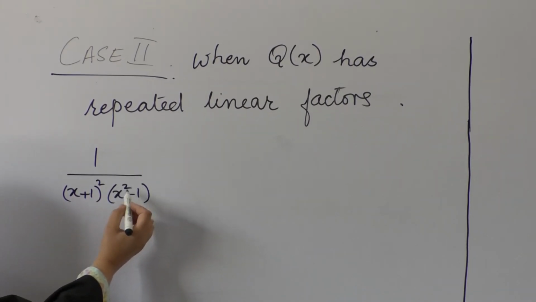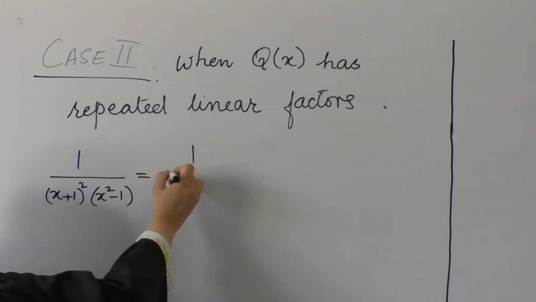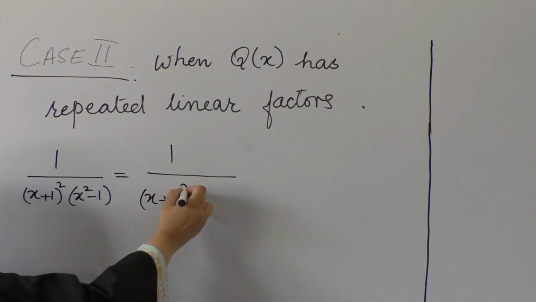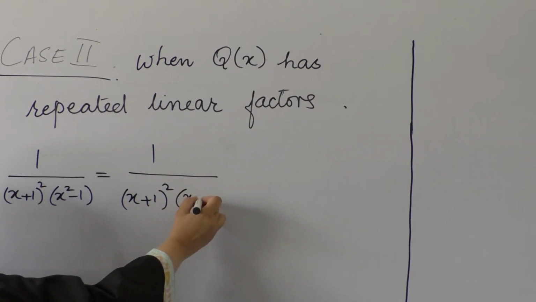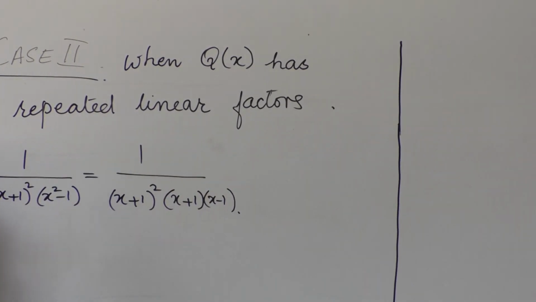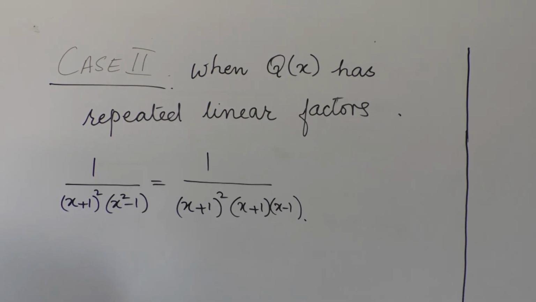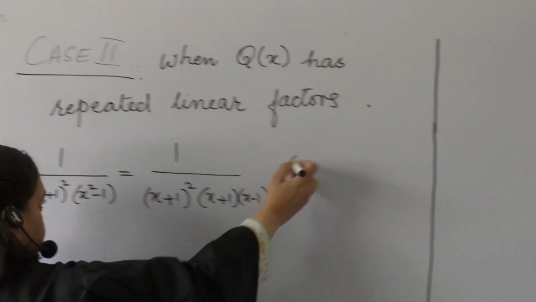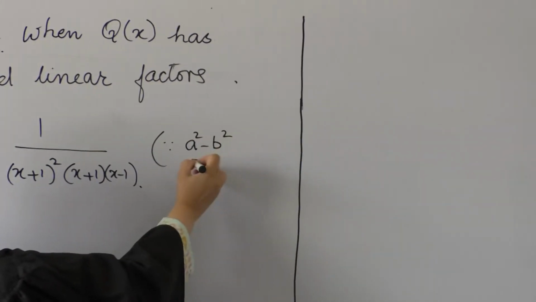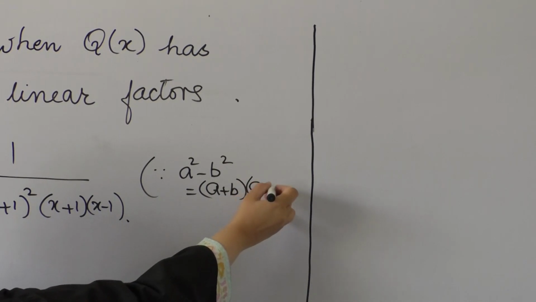Now, first of all, we will solve this second degree factor. Factorize this second one. It becomes x plus 1, x minus 1, because we know the formula a square minus b square is equal to a plus b and a minus b.